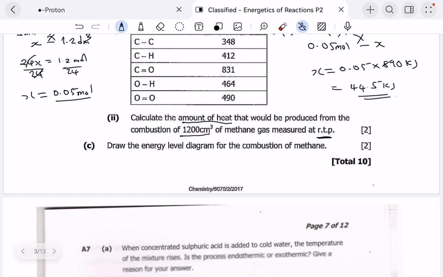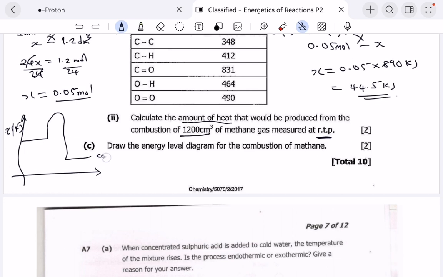Then the last question is to draw the energy level diagram. This is an exothermic energy level diagram. So energy goes on this side, in kJ per mole. Then the line drops like that.